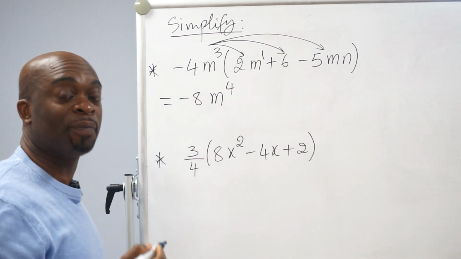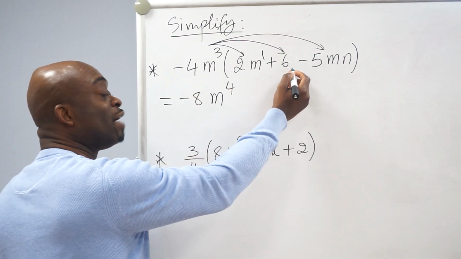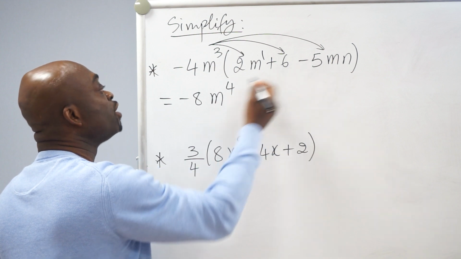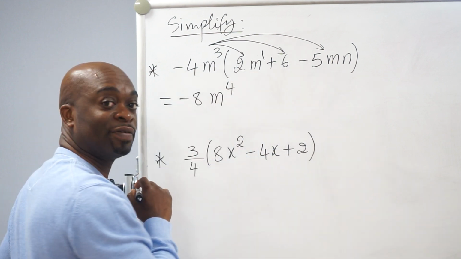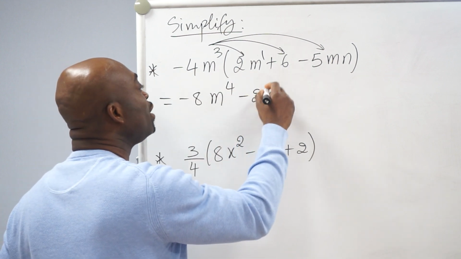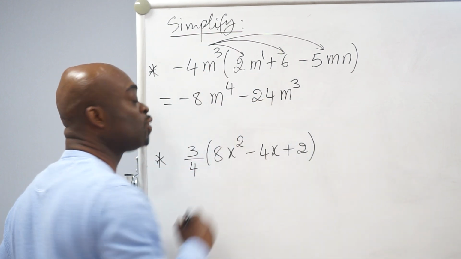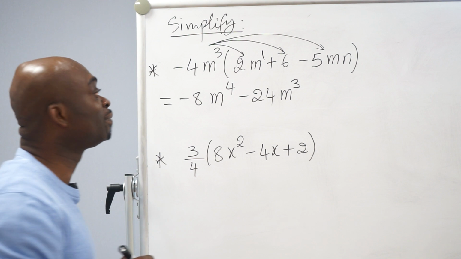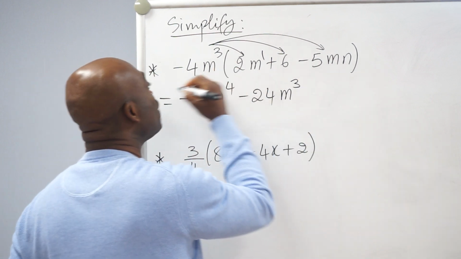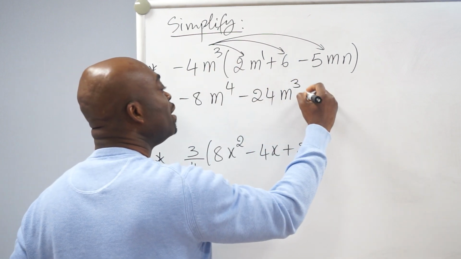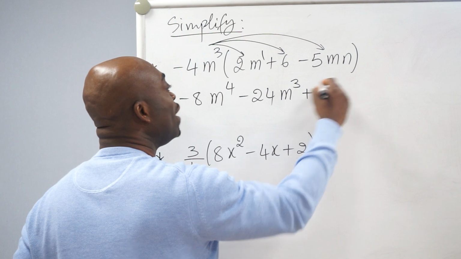There's no more variable on this side, no more letter on this side, correct? So negative 4 times positive 6 will give us what? Negative 24, all right? And then you just keep m to the third power next to it. Everybody good? All right, then the next one is what? Negative 4 times negative 5 is negative 20.